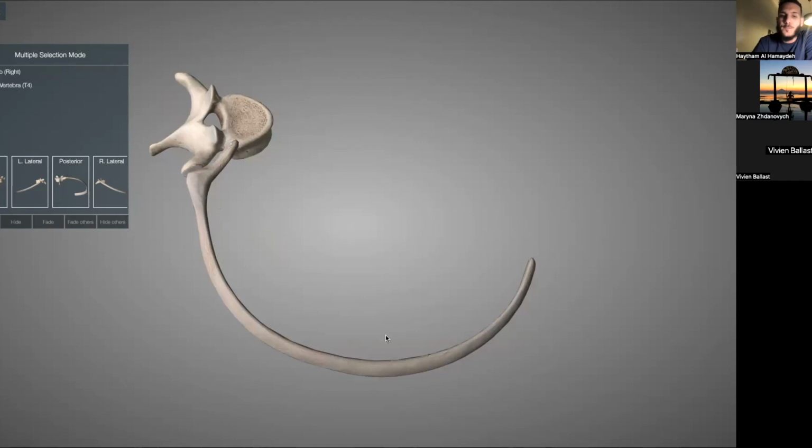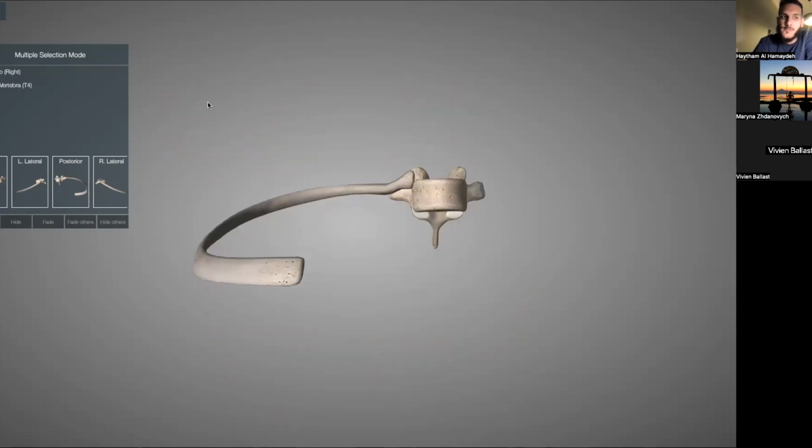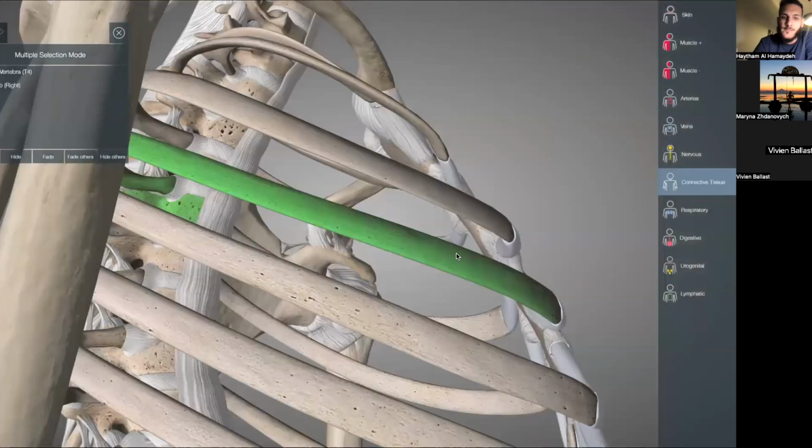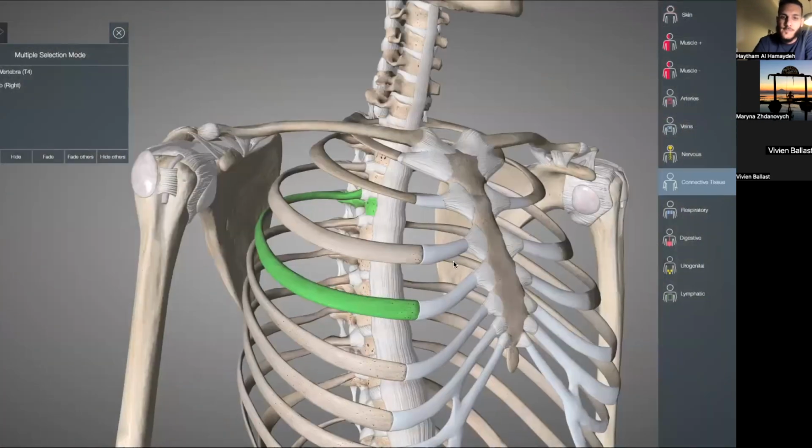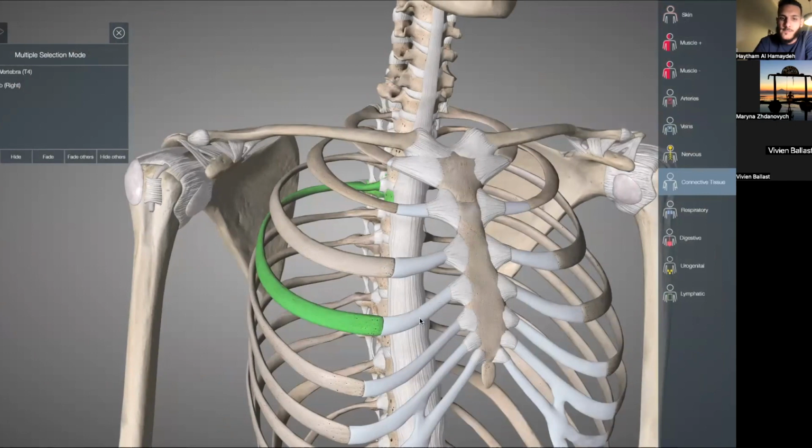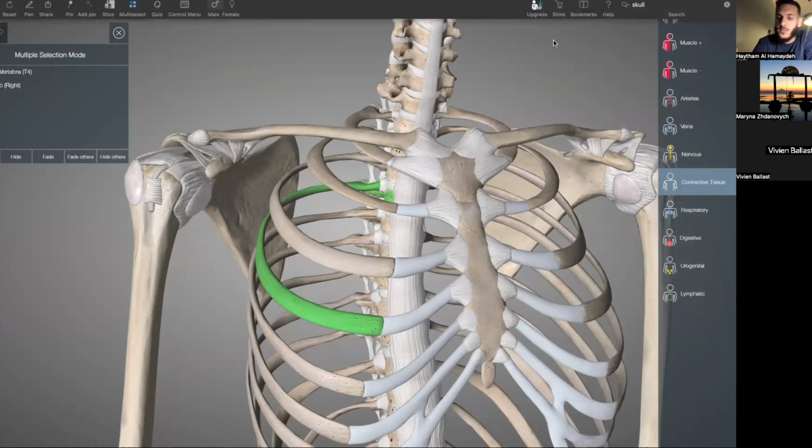Next, the shaft. It is located anteriorly. The articulation between the shaft of the rib and the costal cartilage, this joint is called the costochondral joint.